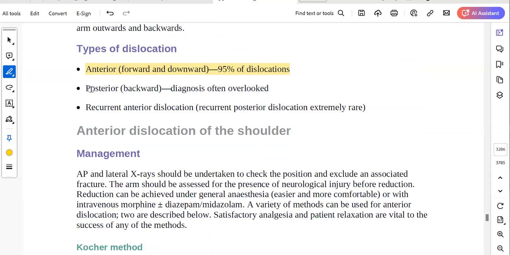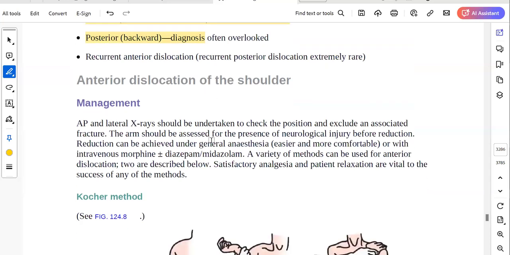And in a few cases, especially if a patient has had an epileptic seizure and then comes with a shoulder dislocation, then most of the time it comes as a posterior dislocation. Okay? And posterior means backward dislocation. So if the shoulder moves forward to the joint, that's anterior dislocation, and if it goes backward, that's posterior dislocation.